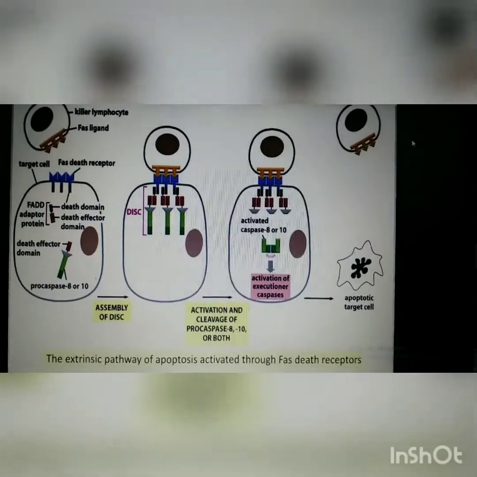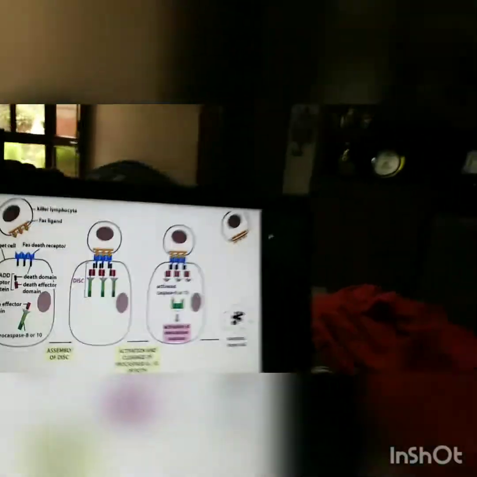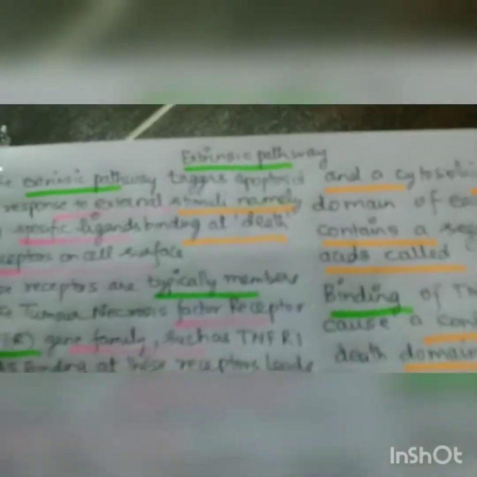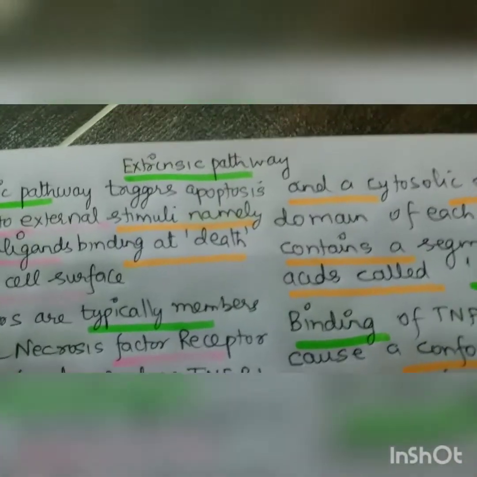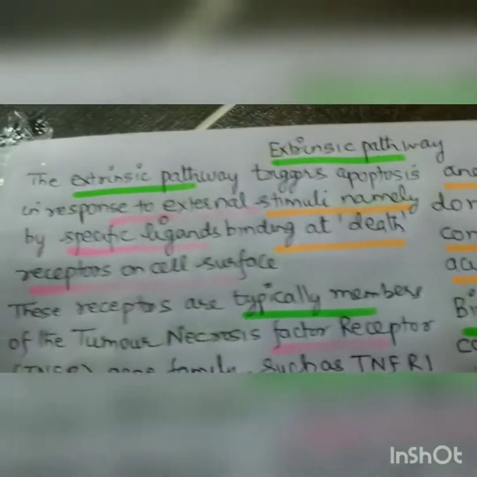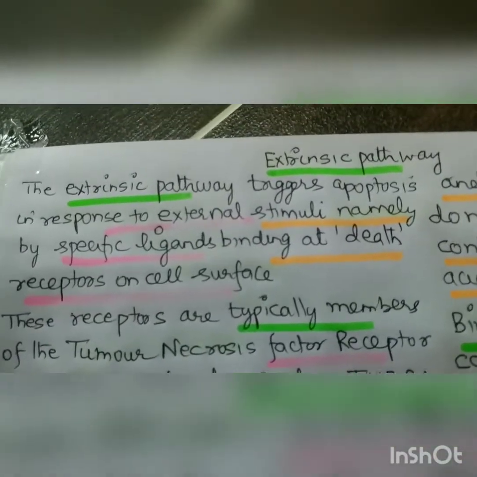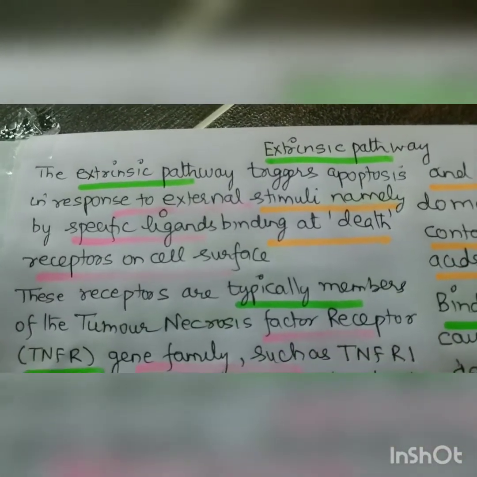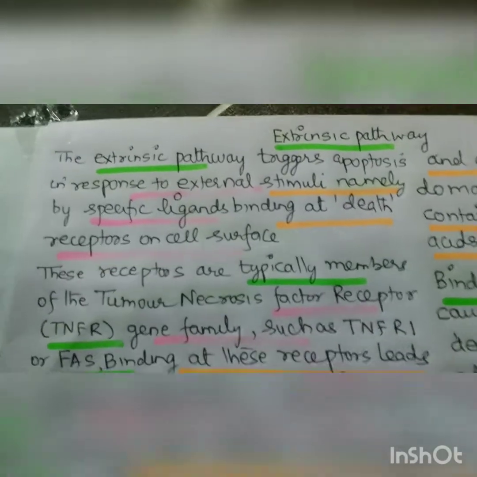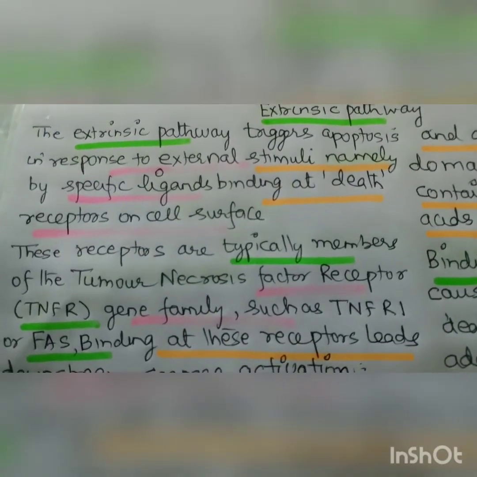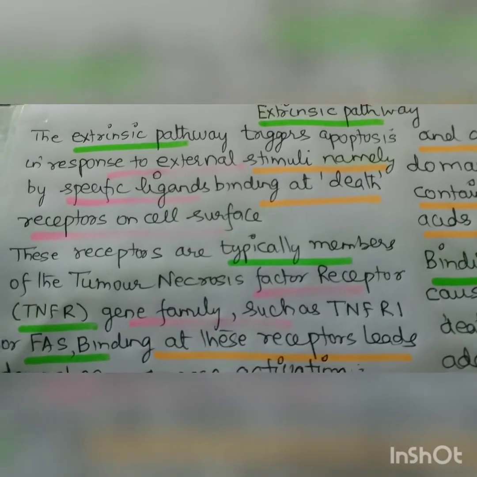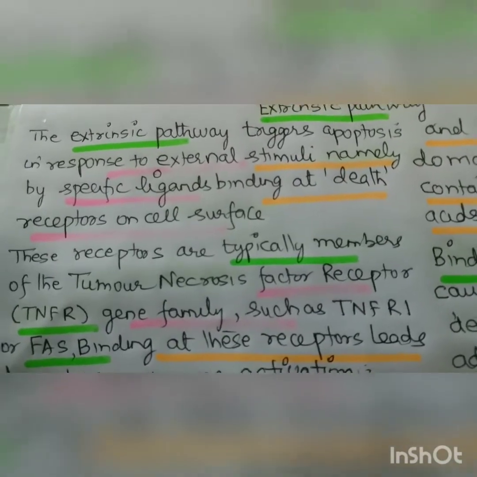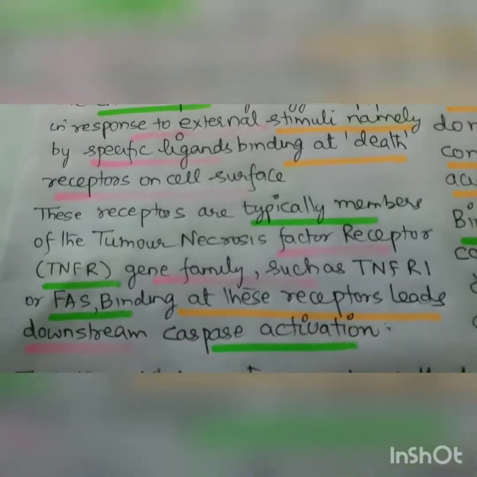So now before moving to the next, I want you to do the theory part. That is the extrinsic pathway. The extrinsic pathway triggers apoptosis in response to external stimuli, namely special ligands, as I told you, that is TNF, binding to the death receptors on the cell surface.